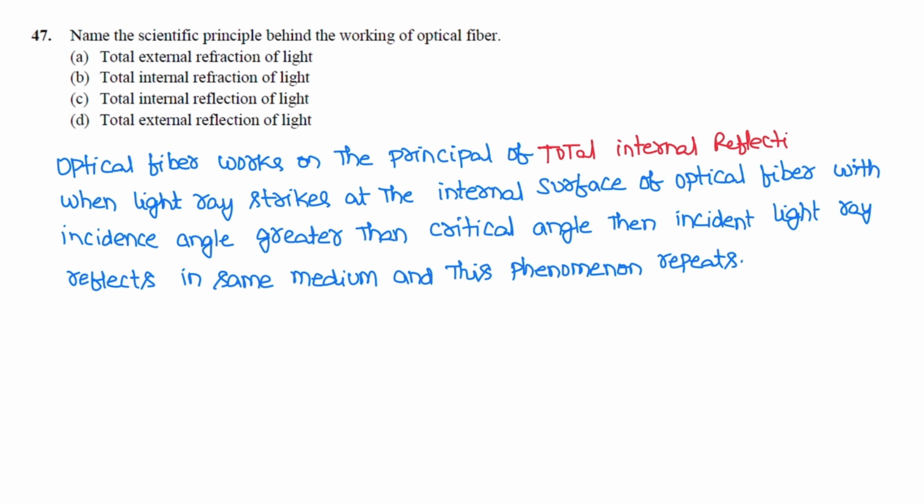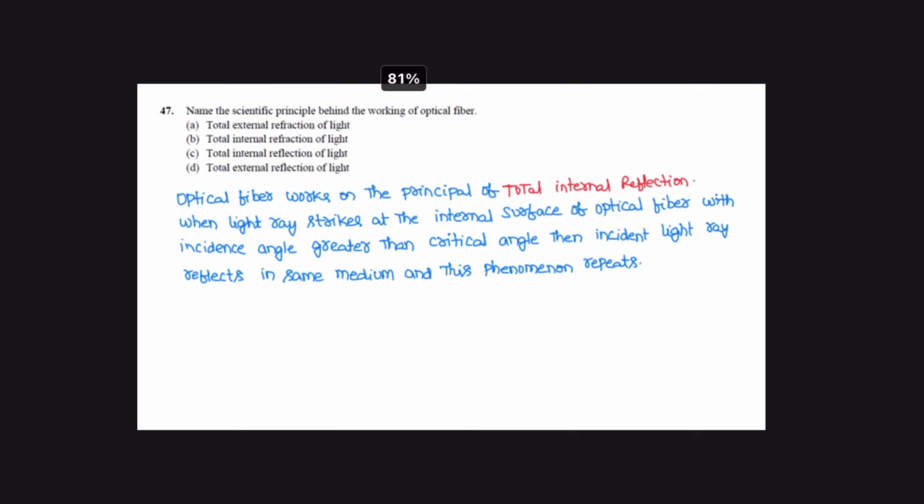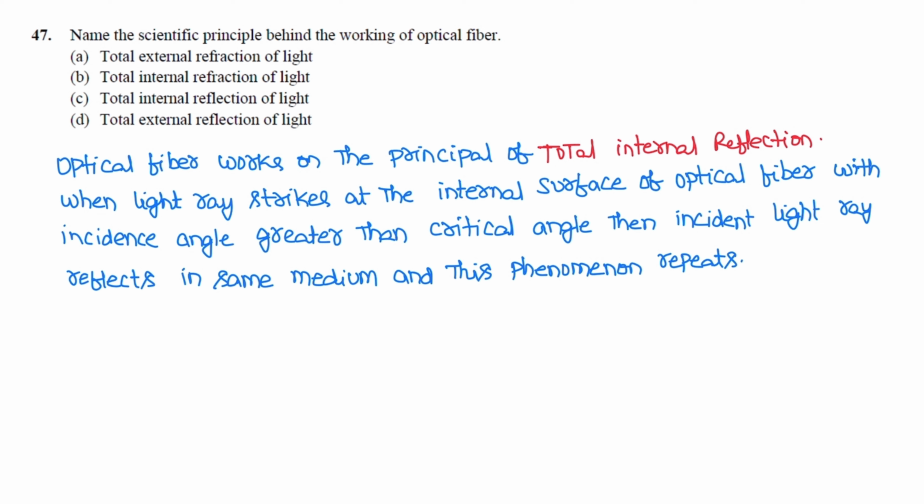That is, when a light ray strikes the internal surface of the optical fiber with an incidence angle greater than the critical angle, then the incident ray reflects in the same medium and this phenomenon gets repeated. This is called total internal reflection. Correct option is C, total internal reflection of light.